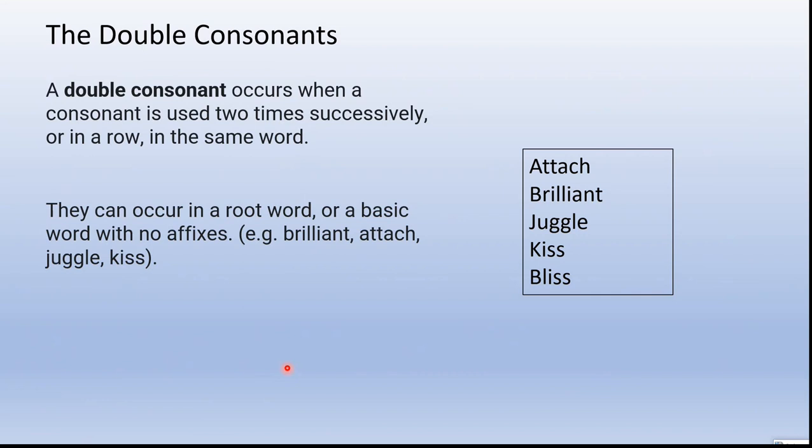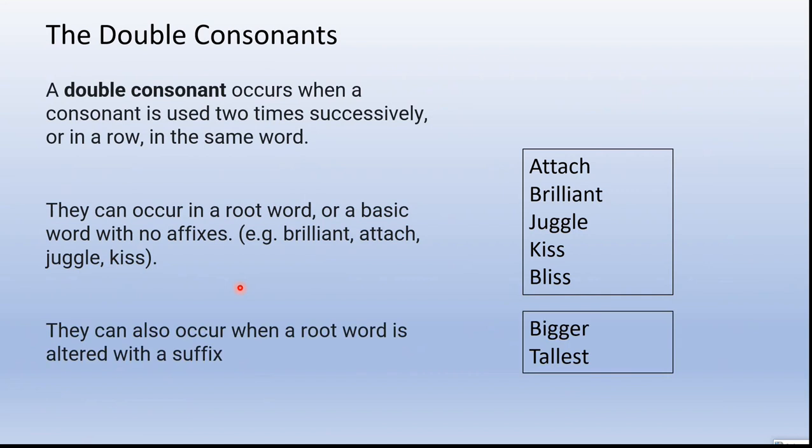For example, in English, the word brilliant, you can see two L in succession. Attach, juggle, kiss, and bliss. In all these, the double consonants occur in the parent word itself.